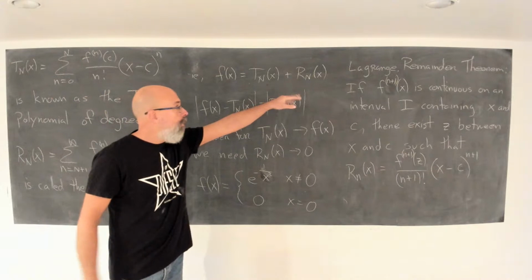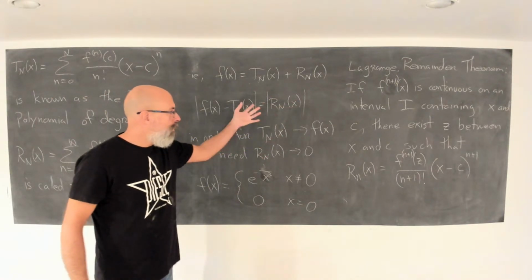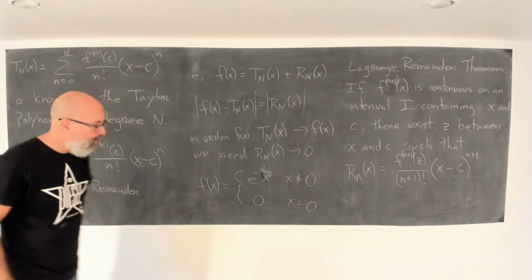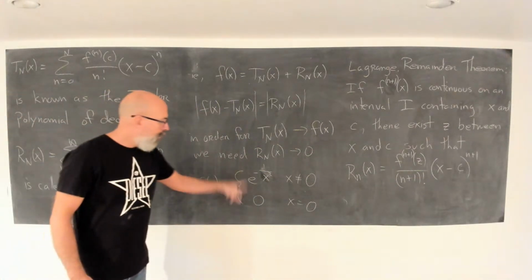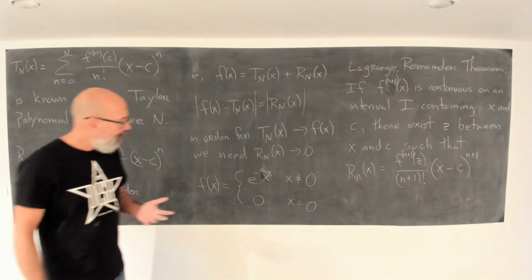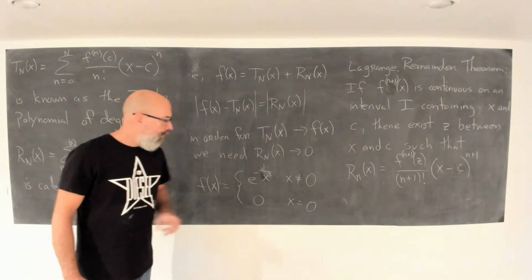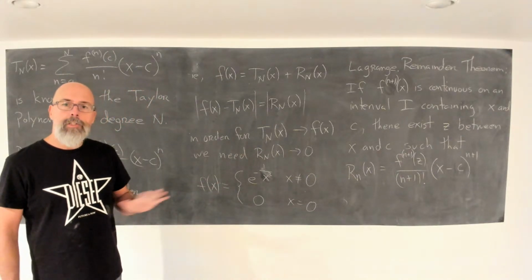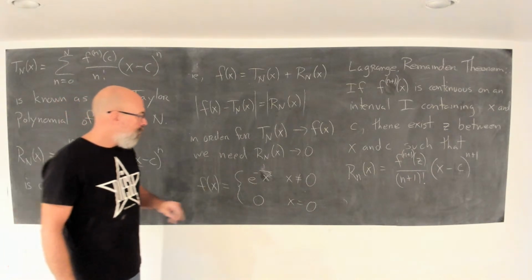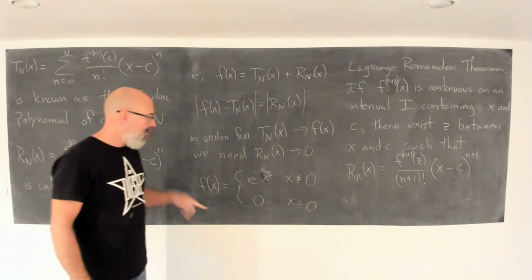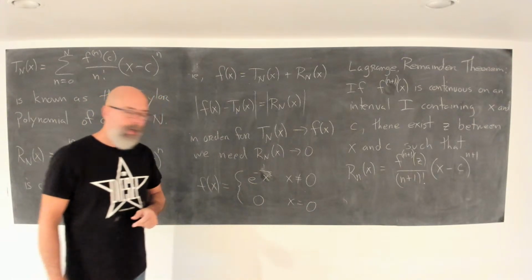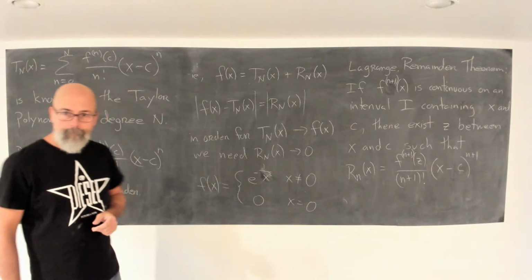So first of all, for the Taylor series to even exist, your function needs to be infinitely differentiable. So here, if you calculate the Maclaurin series, you can show that the Maclaurin series is 0. So the Maclaurin series converges to 0.